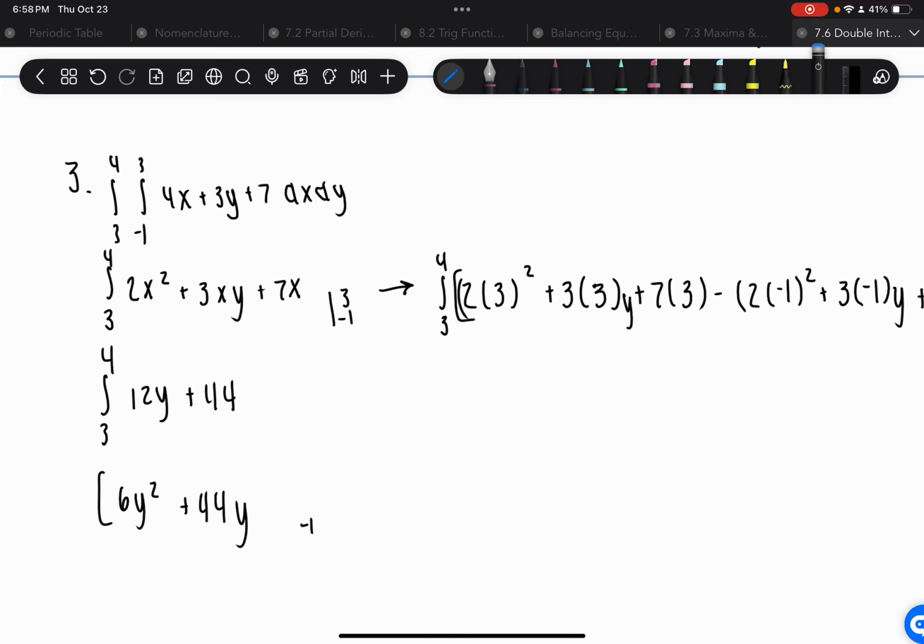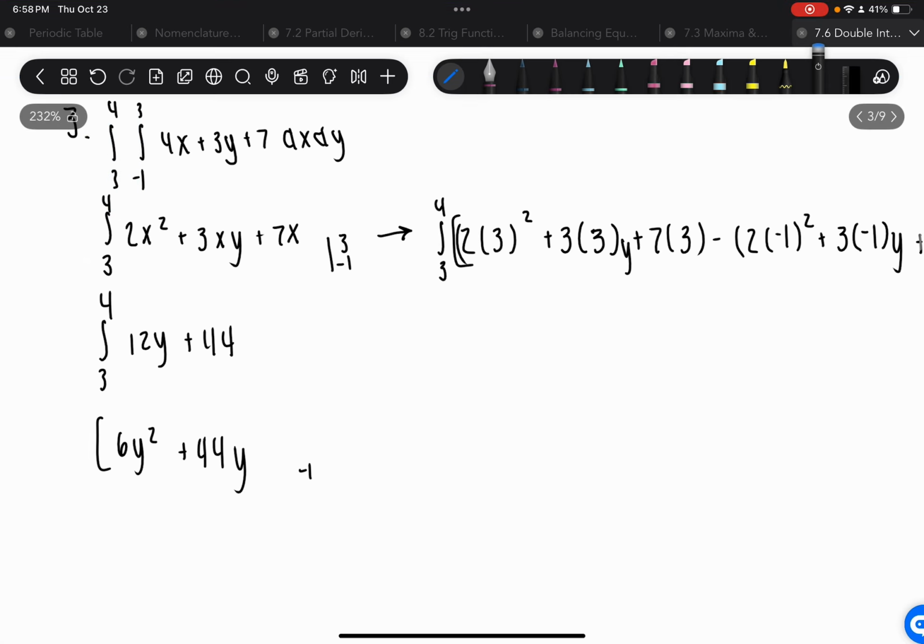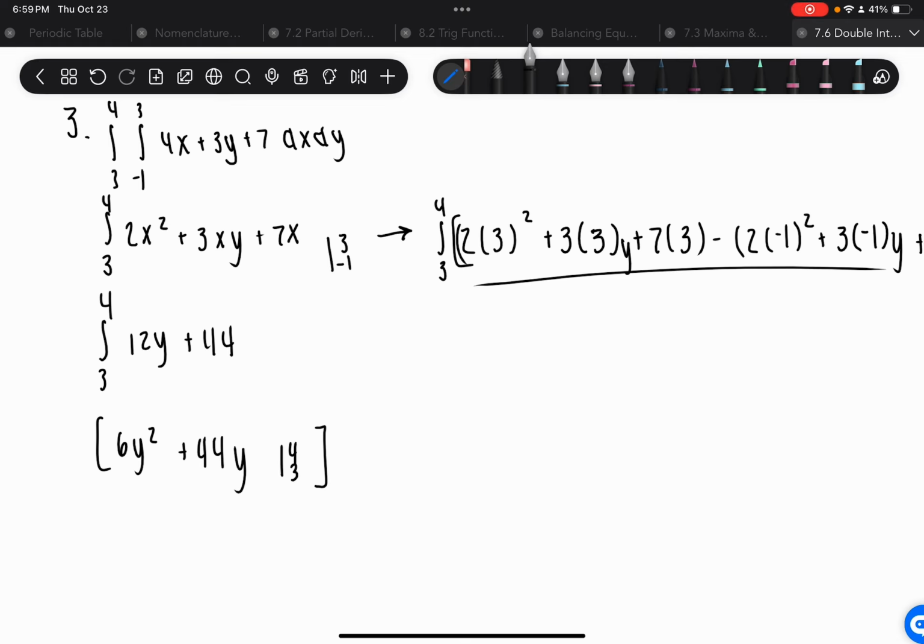We're plugging in this outer one right there. Sorry, noticed it. So 4 and the 3. And then, like I said, brackets kind of help me just organize everything, and it's easier for me. So same thing that we did up here, plugging in the top one first, which is 4, and then subtracting it and plugging in the 3.